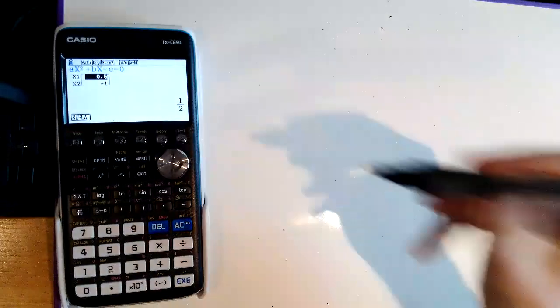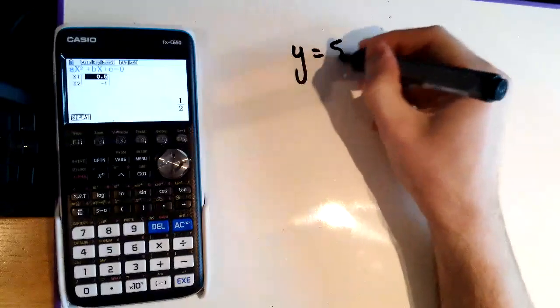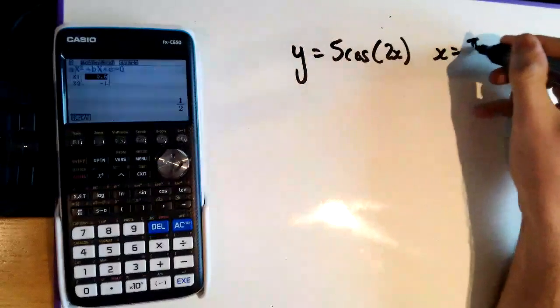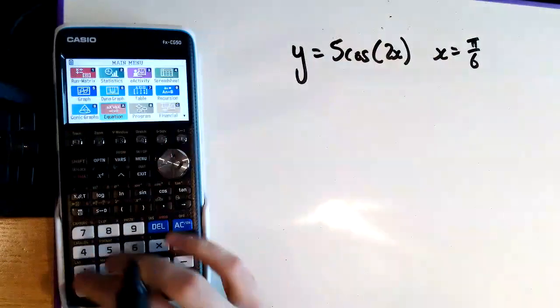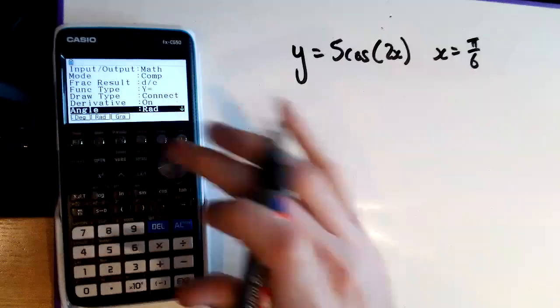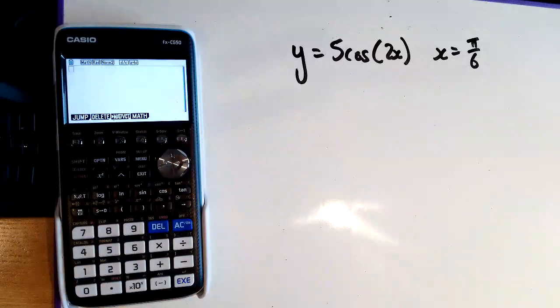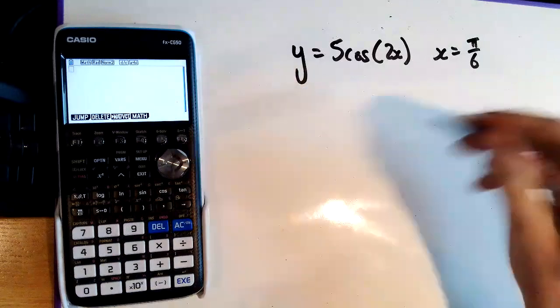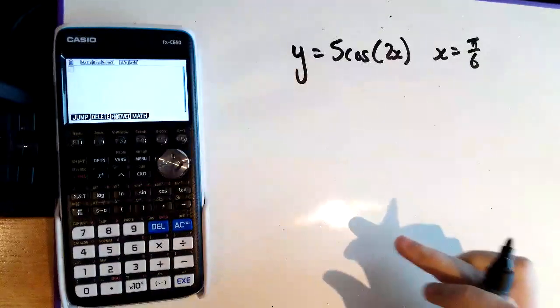Find the equation of the tangent to the curve y equals 5 cos 2x, where x equals pi over 6. So straight away, make sure you're in radians. And what we're going to do is we need to differentiate it. So, well, actually, first we'll just sub in x equals pi over 6.